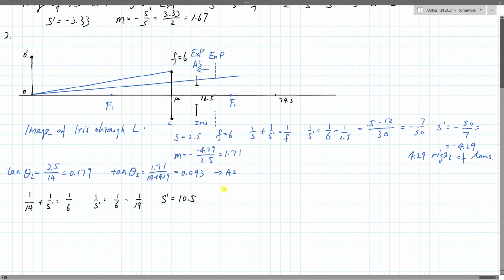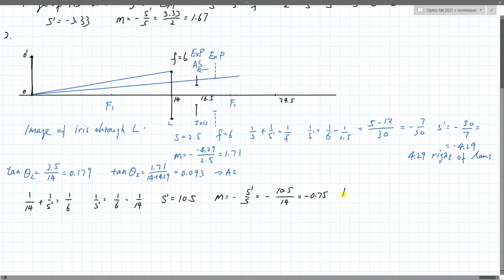And what about the magnification? Magnification is negative s prime over s, so negative 10.5 over 14. So it's minified and inverted as we expected. That's negative 0.75.